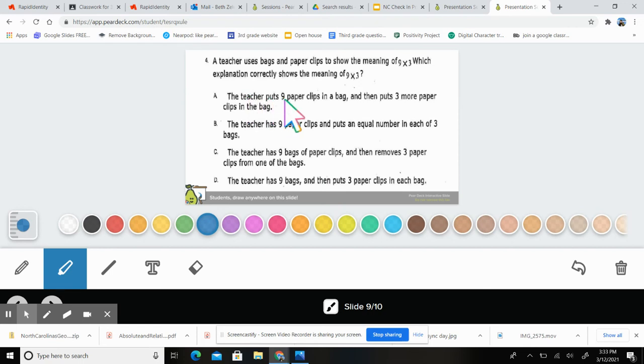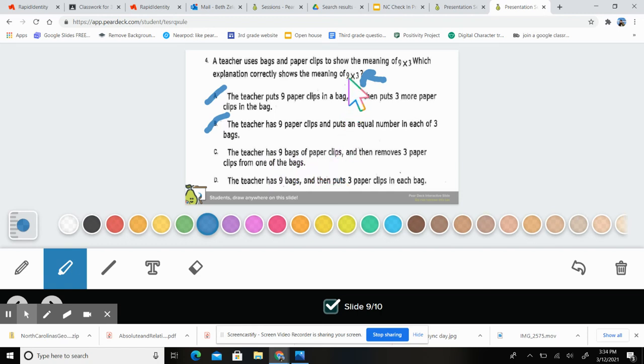The teacher puts 9 paper clips in a bag. Well, we just said that there were 3 paper clips in each bag, so I can get rid of that choice. The teacher has 9 paper clips. Again, going with 9 paper clips, but we know that there are 9 bags, so we're going to get rid of that one. The teacher has 9 bags of paper clips.